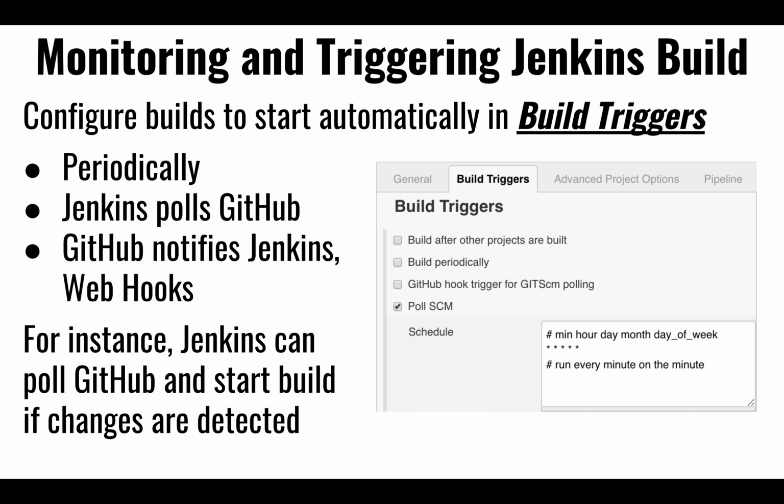For this, we would need additional configuration through webhooks, and have Jenkins log in, identify itself, and register itself as someone to be notified. And then GitHub can send a notification to Jenkins for automatically kicking off a build.